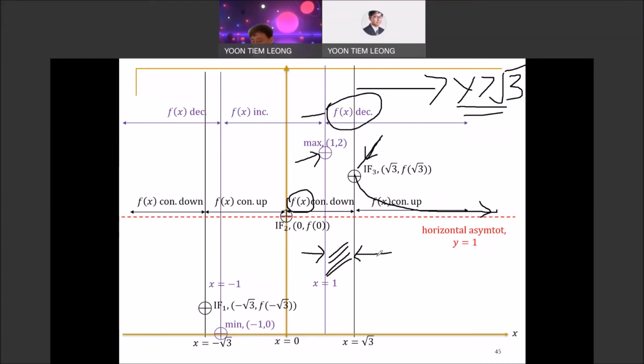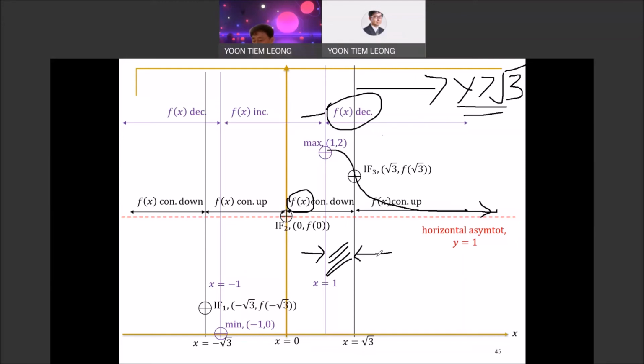So we are now going to draw a line connecting the maximum point (1, 2) and IF3, where the function is decreasing and has a downwards concavity. Such a function joining the maximum point (1, 2) and inflection point 3 would be like this.